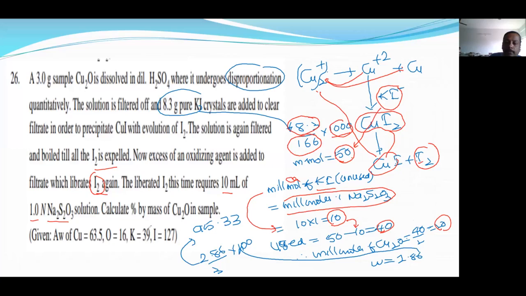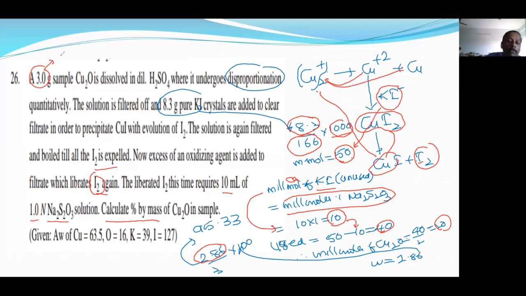From the molarity formula, if you calculate, you will get the mass of the copper, which is 2.86. Millimoles equals mass upon atomic or molecular mass into 1000, and then you get 2.86. The question is how much cuprous oxide is available in the 3 grams of sample.